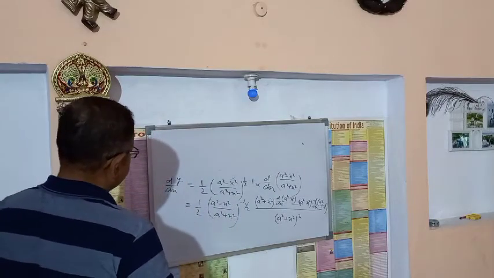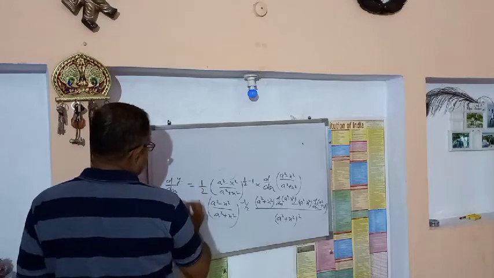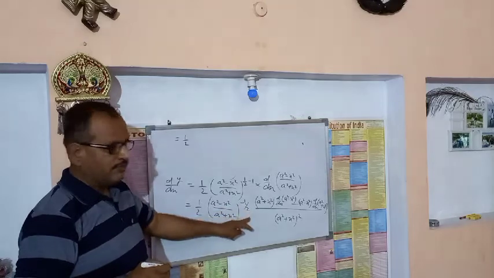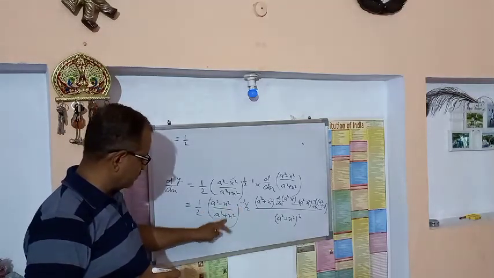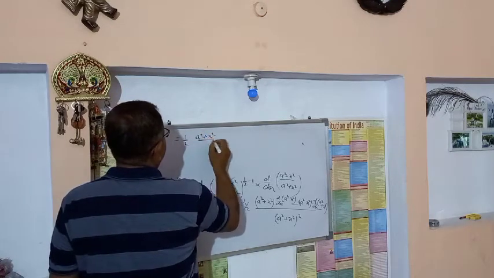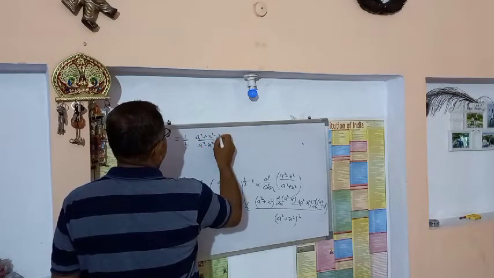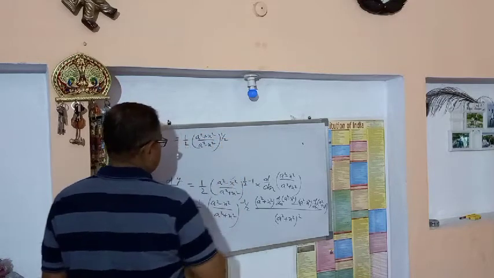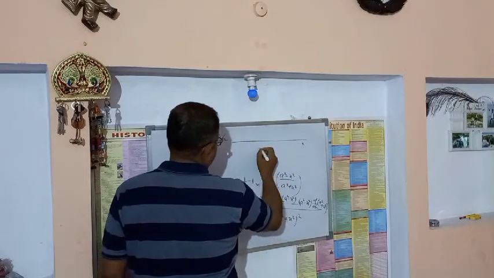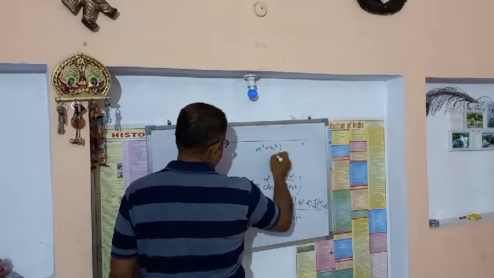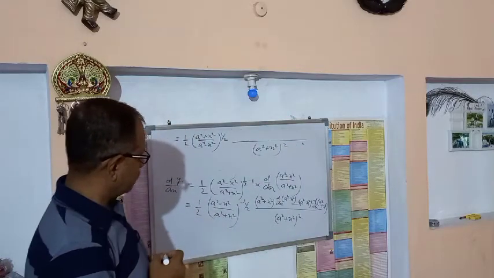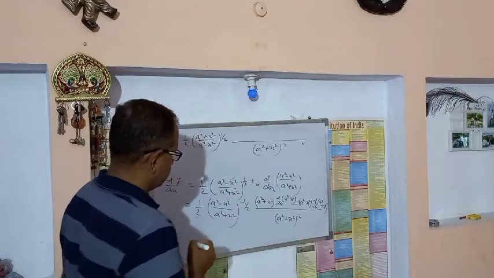So it is 1 by 2. Make the power positive, minus 1 by 2 plus 1 by 2. So we have to take the reciprocal here: a square plus x square upon a square minus x square to the power plus 1 by 2, a square plus x square whole square.